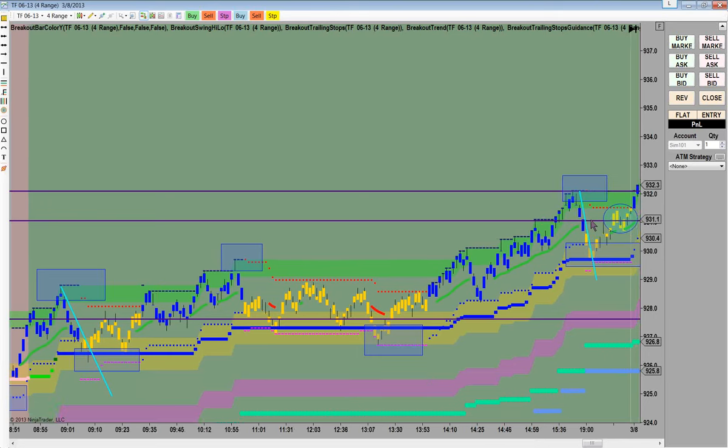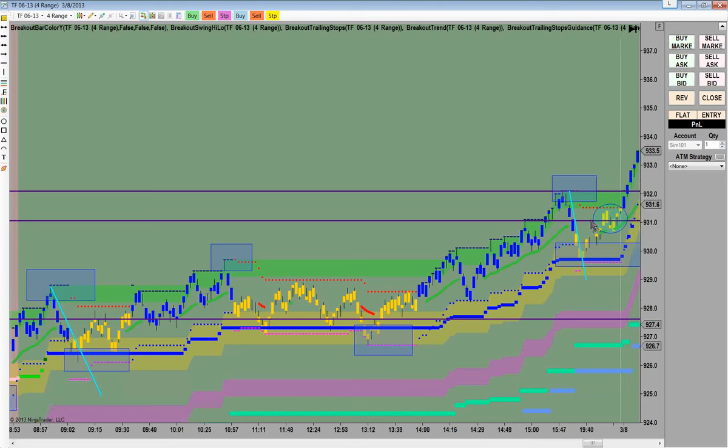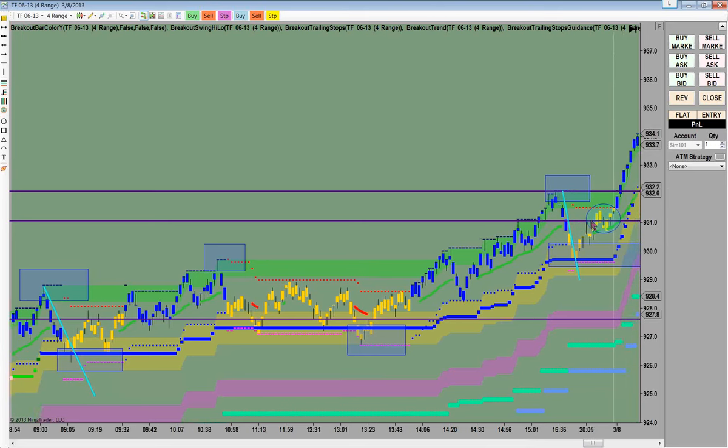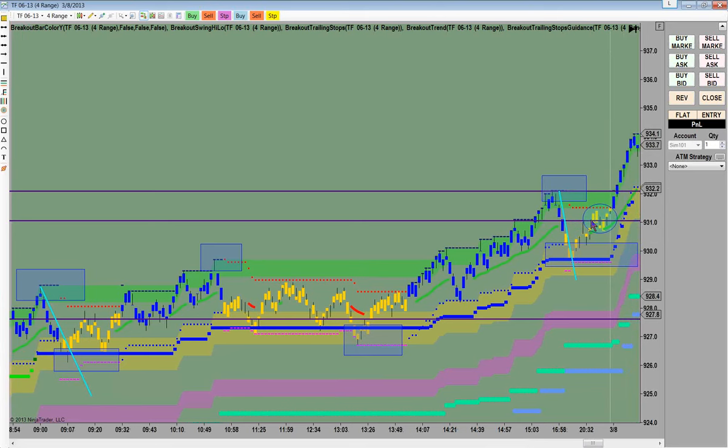But what we do when we take these trades like this, see when this goes up like this and you get this first little pullback, see that little pullback right there? Now what I'll do, if I'm in like 4 contracts, I get 10 ticks, I'm going to take 2 off, or at least when it gets to a previous swing. This is my goal right off the bat, is just to hit the previous swing.